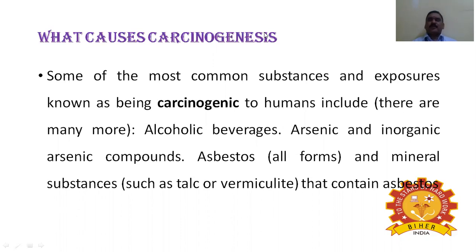Some of the most common substances and continuous exposures are known as being carcinogenic to human beings. There are many substances which have the ability to cause human cancer, for example, alcoholic beverages, arsenic, inorganic arsenic compounds, asbestos, mineral substances, etc.